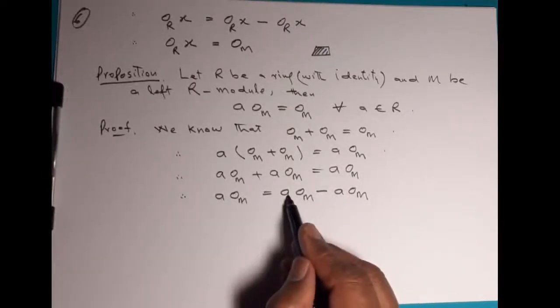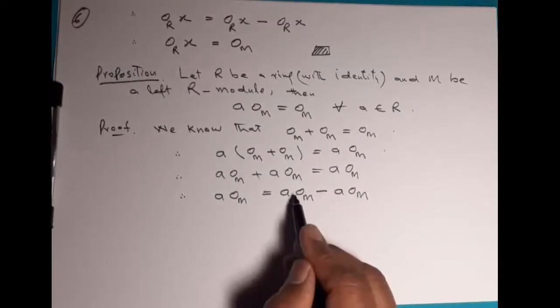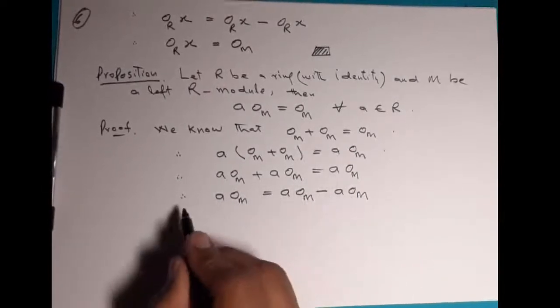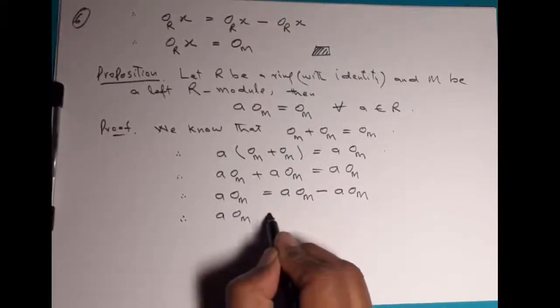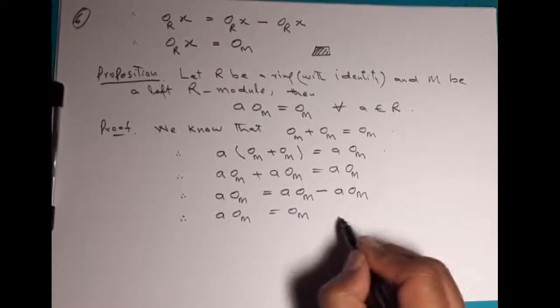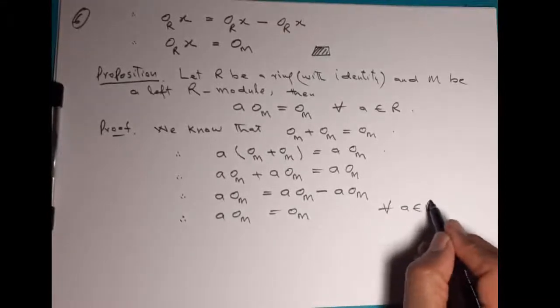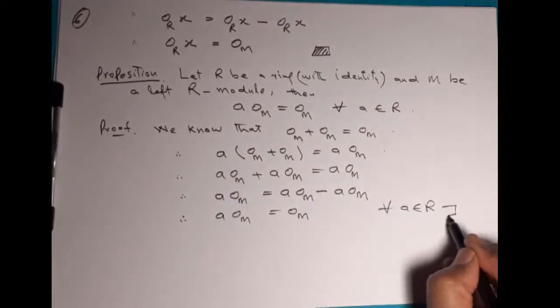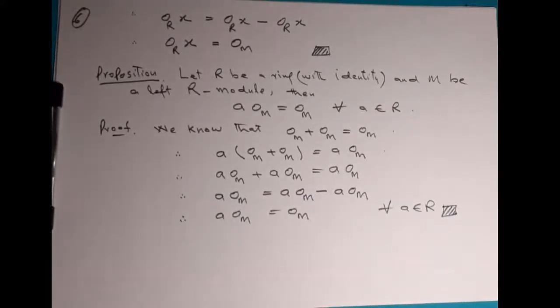So an element of module added with the additive inverse of itself will be equal to 0 of the module. So therefore A into 0 of the module is equal to 0 of the module. So we have proved that if an element of the ring is multiplied with 0 of the module, then the result will be equal to 0 of the module.